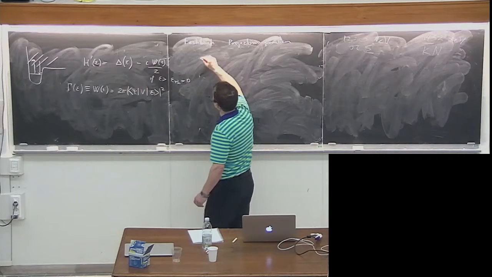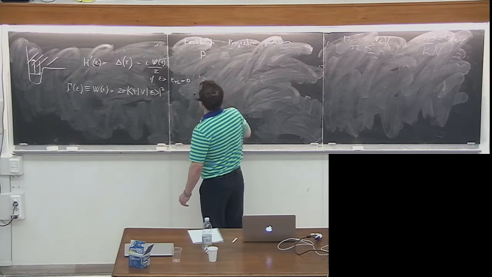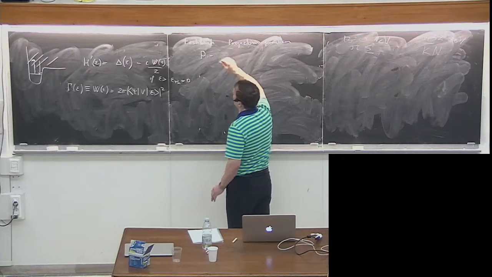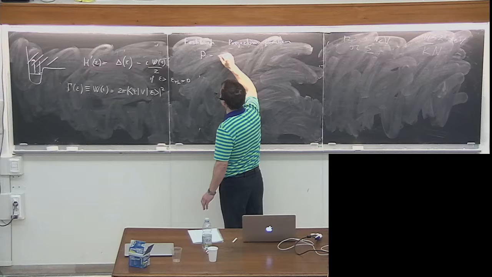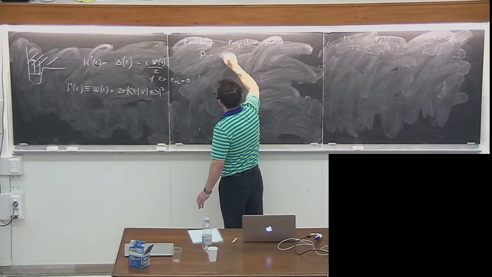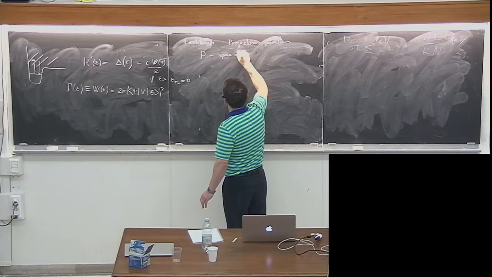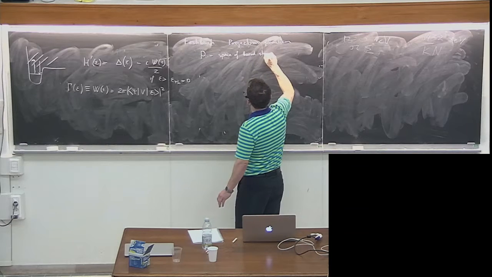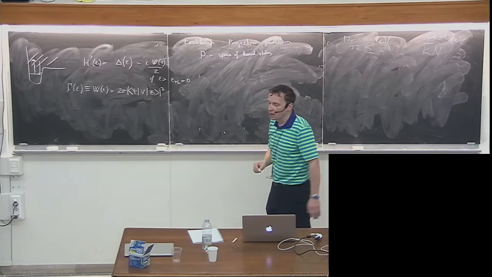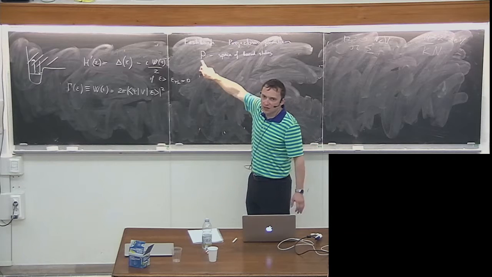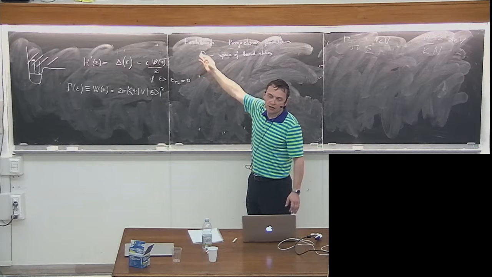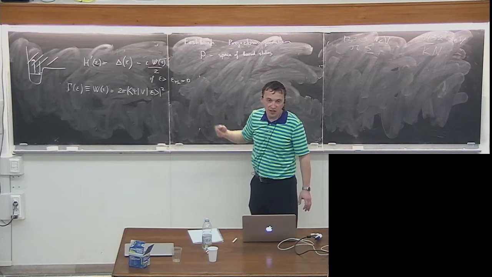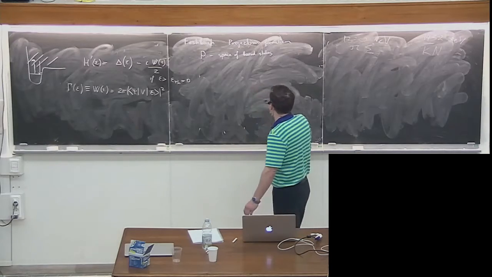So let me say that there is a space P. In this case, I will think of it as a space of bound states. I call this space P, and also I think of P as being an operator that can project into that space for convenience.